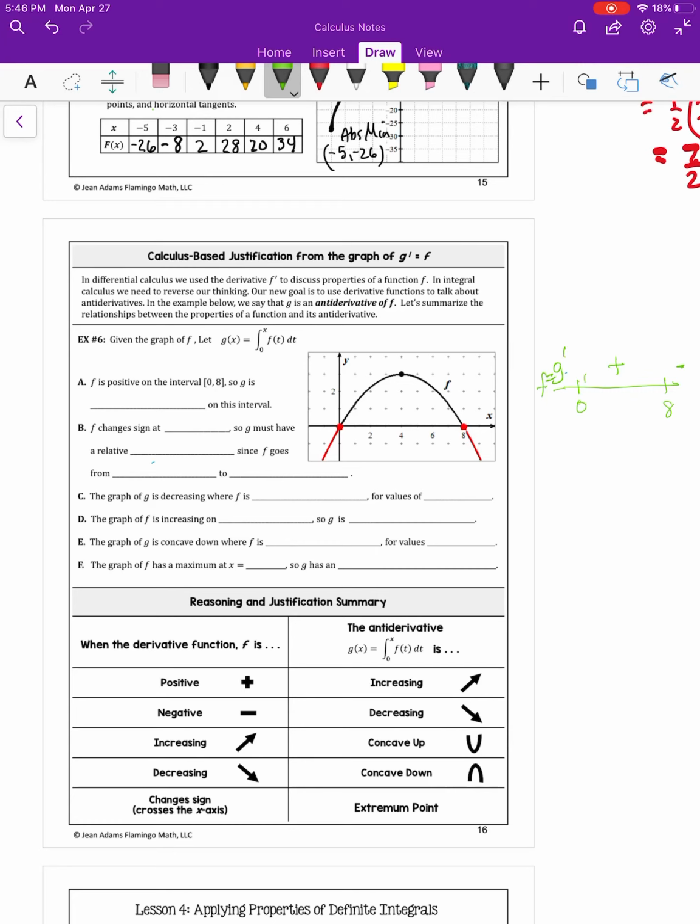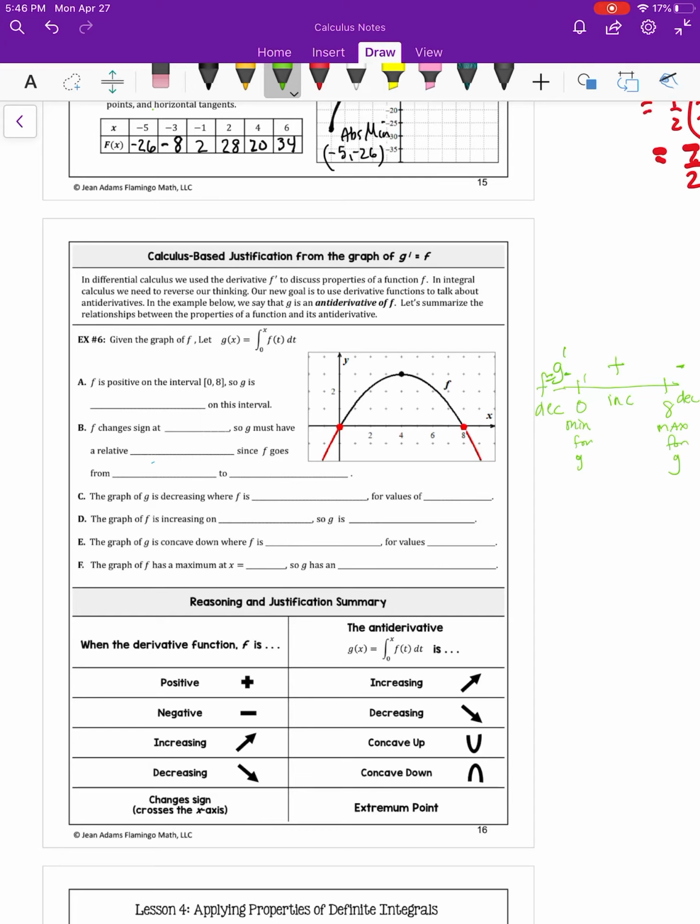Your derivative is positive here, negative and negative. Look, this is a min for your original function g, and this is a max for g. And g is increasing here, and g is decreasing here. Okay, because that is your derivative.